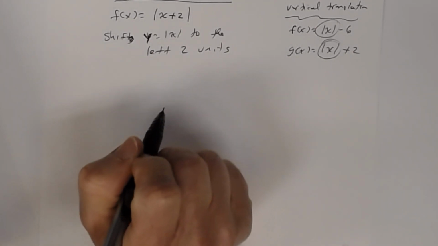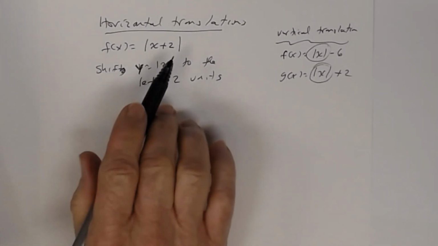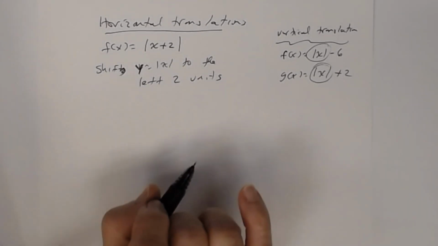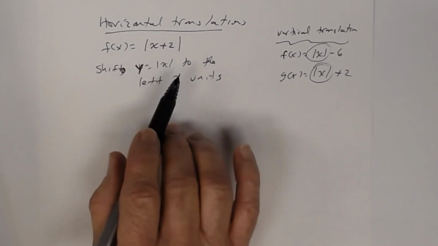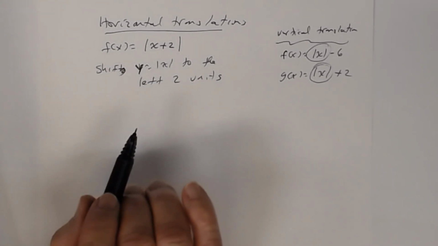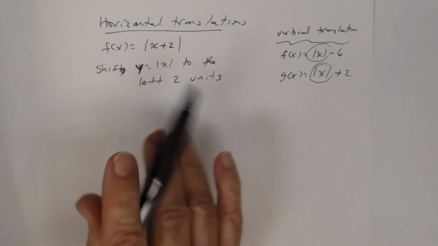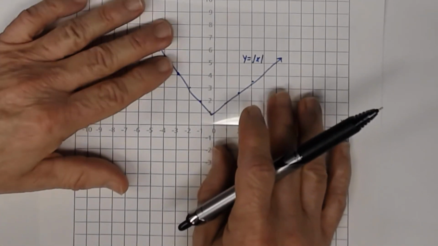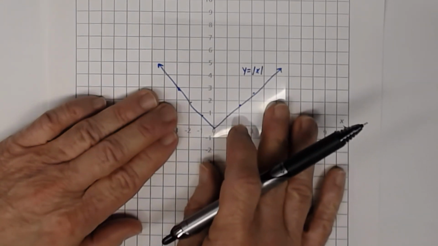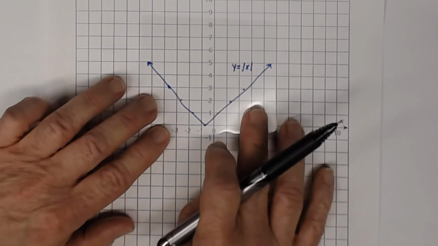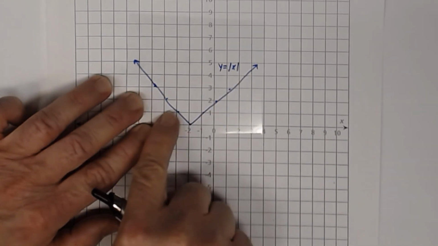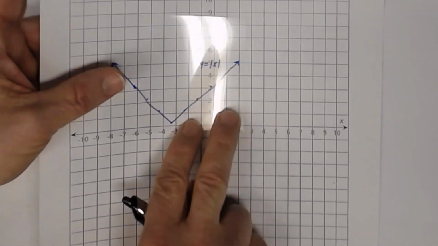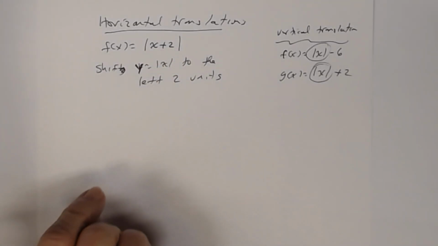So for horizontal translations, counterintuitive. Always think the opposite of what you see. So basically, here's my parent function. I'm going to go to the left 2 units, 1, 2, and the part that you see here is actually the graph of this.